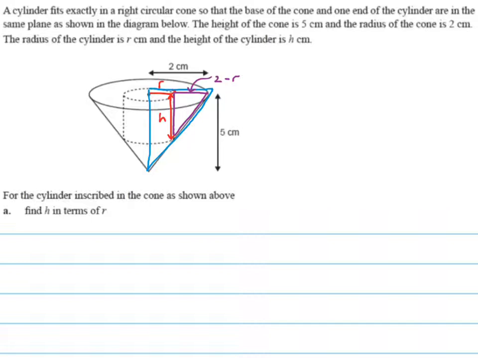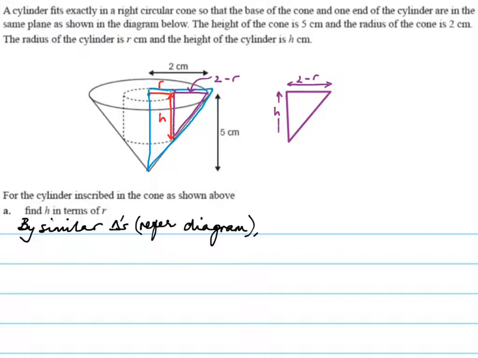It is 2 minus R, isn't it? So by similar triangles, referring to the diagram, there's that little purple triangle, and here is the blue one. I've labelled the sides 2 minus R and H for the cylinder, referring back to that little purple triangle inside the cone diagram. Do you agree?